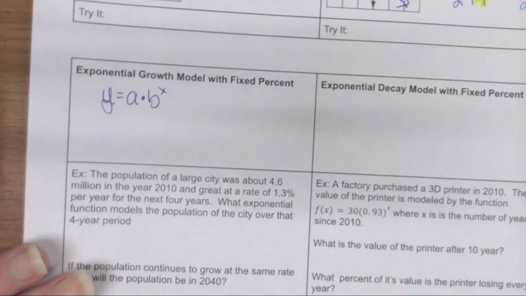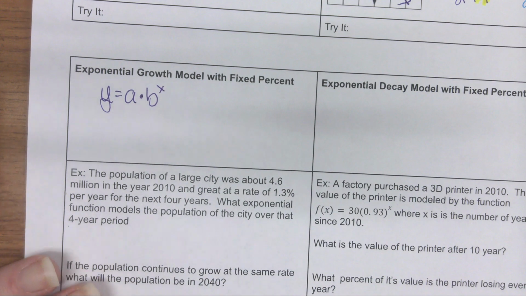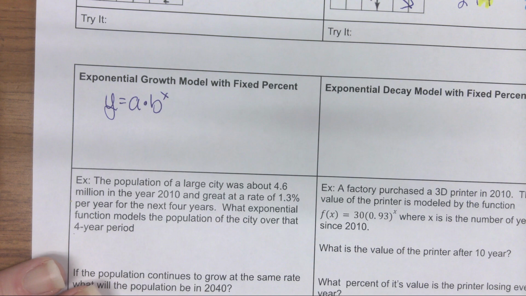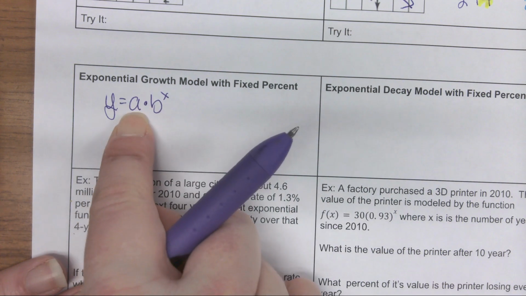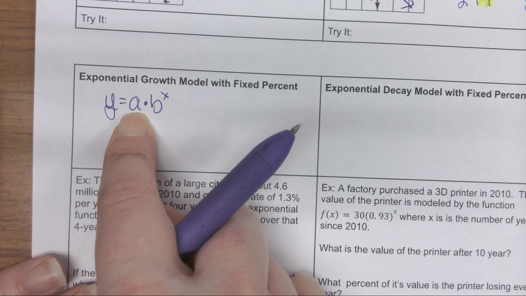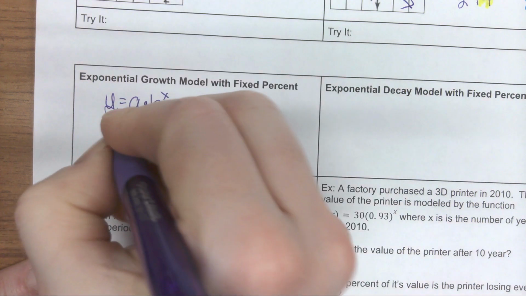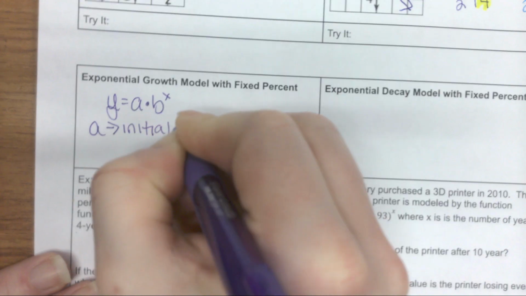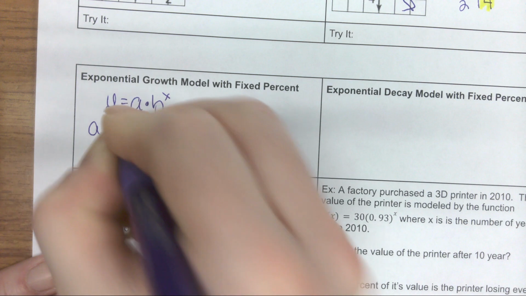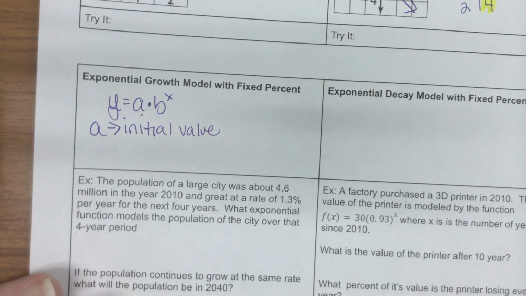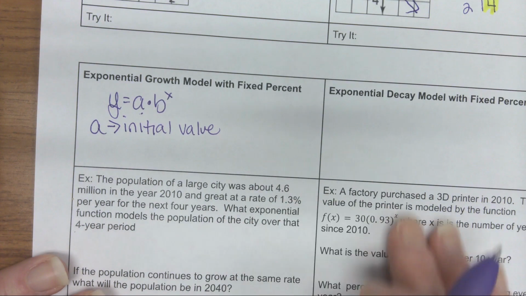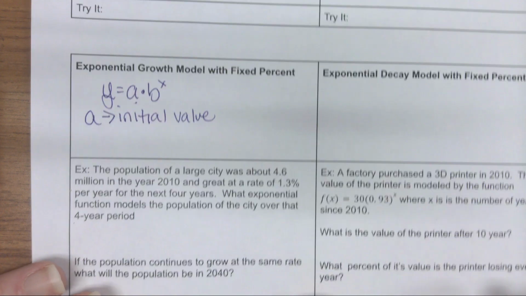When we're dealing with population, or the value of something, and it's exponential, what we're going to see here is this A. Remember before it was the y-intercept or initial value? It is still the initial value. In a second we're going to do population. If it's population, it's the beginning population. If it's the value of something, it's the initial value of that item.